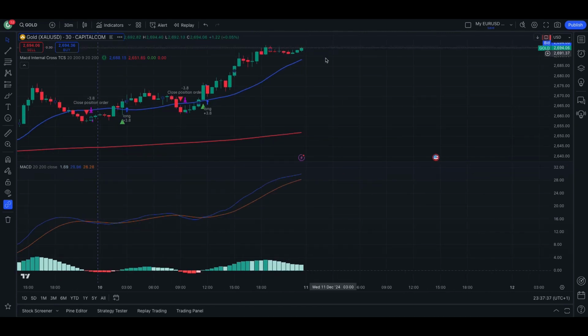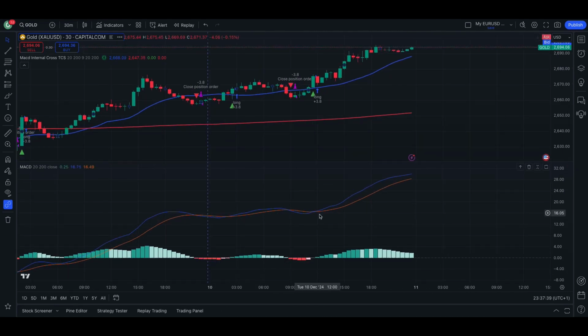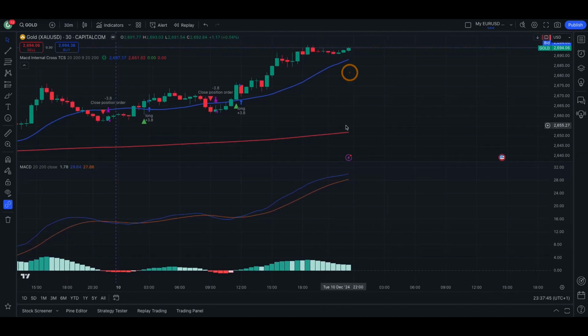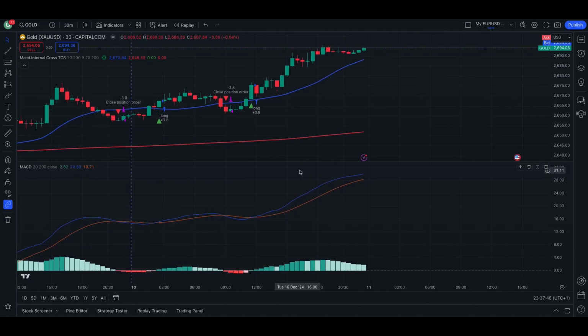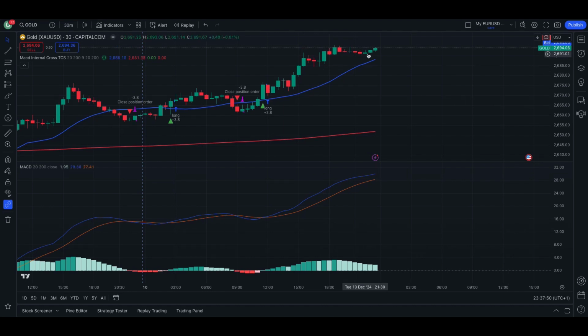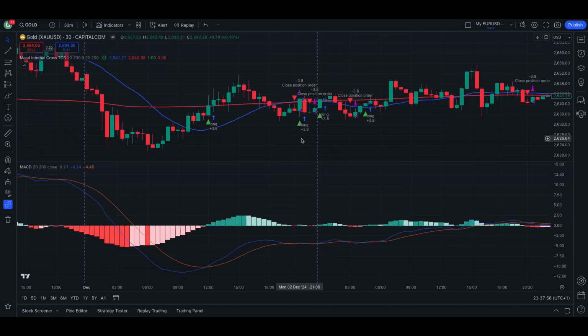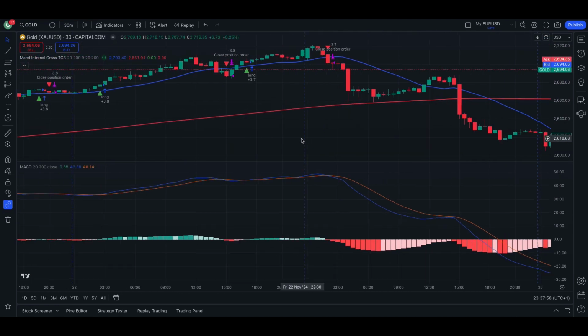This is just today. You entered when the red turned to green, and we are still in trade till now, right? And this is a good profit. So this is pretty much it.